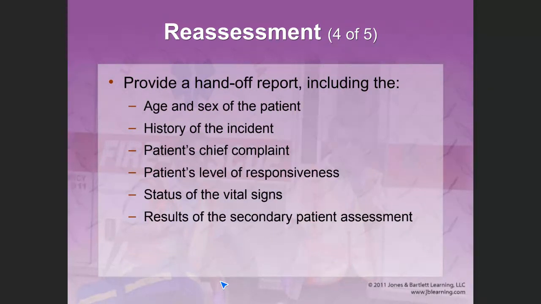And you're going to be providing a handoff report, and in your handoff report, this should include the age and sex of the patient, history of the incident, the patient's chief complaint, the patient's level of responsiveness, the status of the vital signs, results of secondary patient assessment, if you were able to conduct one.